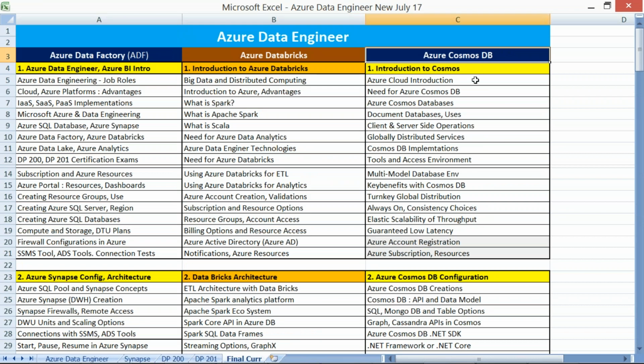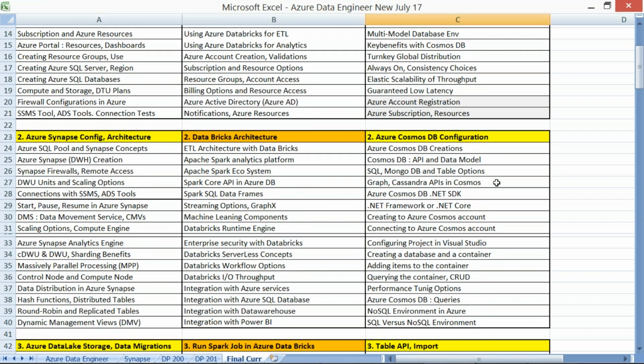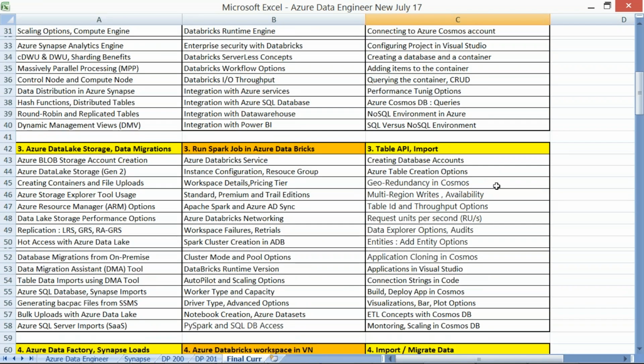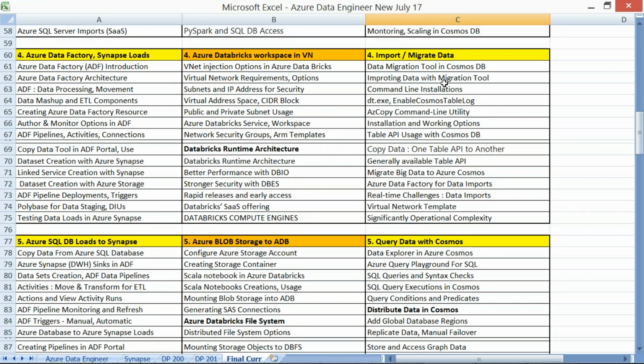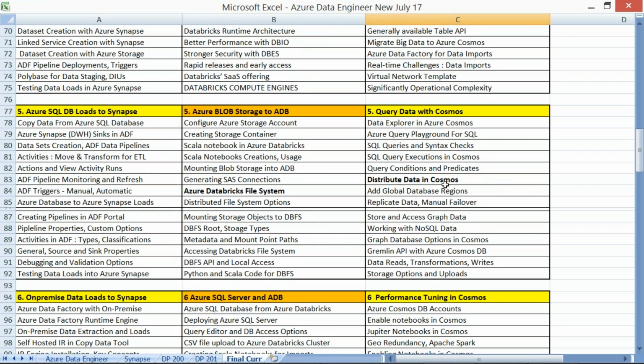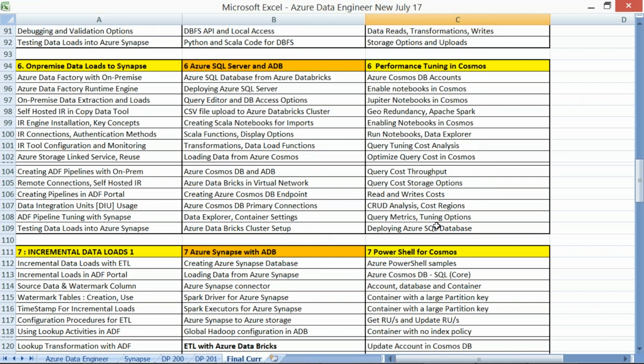And in the same way we have Cosmos. Here it's more into data storage. We'll go right from the configurations to data imports and migrations, queries with SQL and without SQL, we say NoSQL, and grab data. Here we come across something called notebooks. In ADF we have pipelines, whereas in Azure Databricks we have jobs, and here it is notebooks.